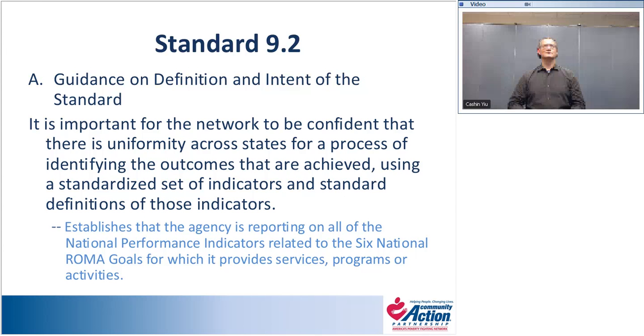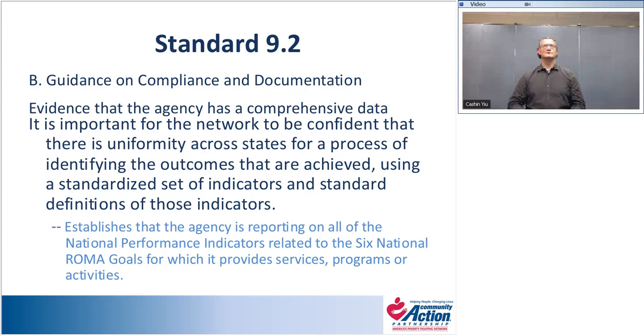That has meant for the past 11 years, since 2004, when the national performance indicators were identified, that the standardized set of indicators and the standardized definition is encompassed in the national performance indicators, which are based on the 6 national ROMA goals. And so that's been part of our system, and it is included in the standard because it talks about the intent to have a standardized set of outcomes.